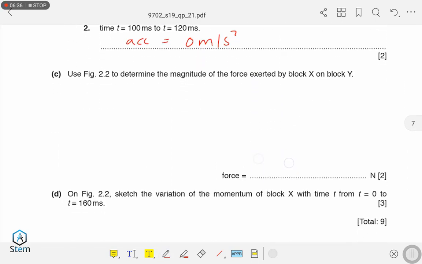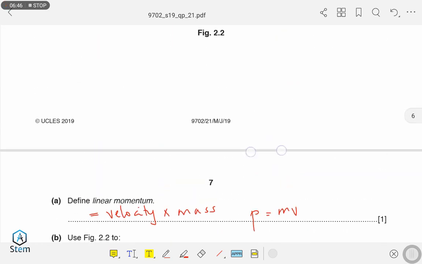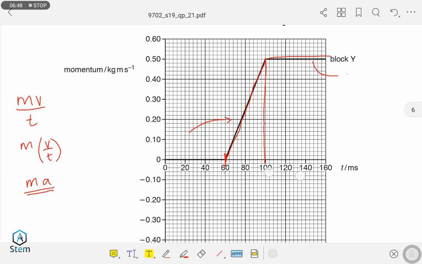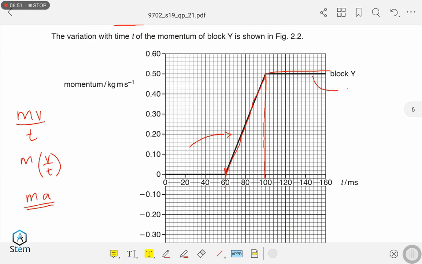Use fig 2.2 to determine the magnitude of the force exerted by block X on block Y. All right. Let's go back to the figure that we should use, and we can use the equation of impulse here, where Ft is equal to delta momentum, the change in momentum.